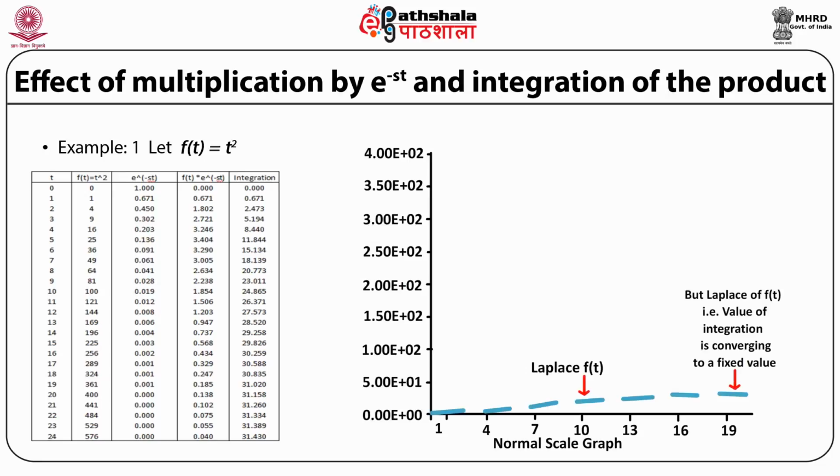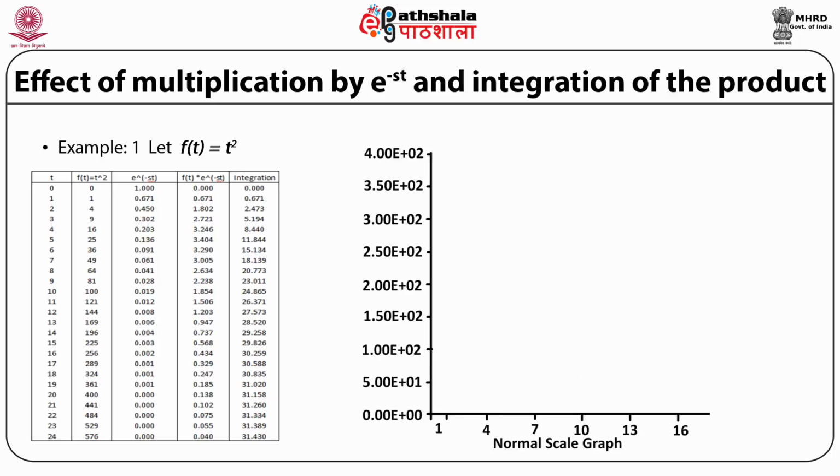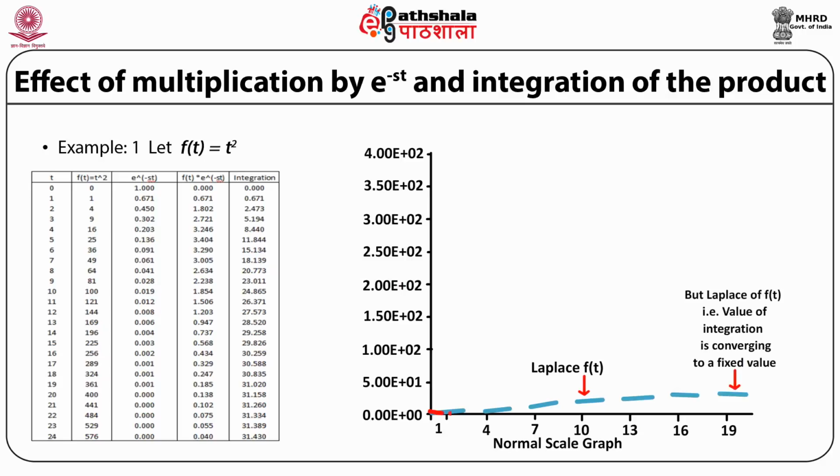Then you can calculate t squared, the second column of t squared values. Then you can compute e power of minus st. You can assume s is just 1 or something, because it's just a constant, any constant s. So for now you can just assume 1.